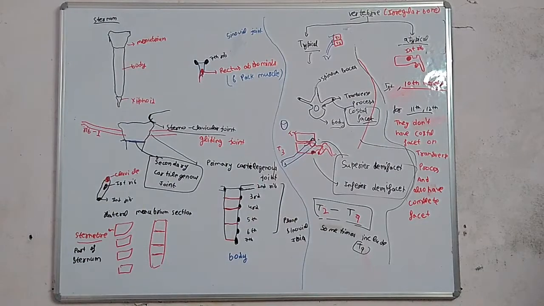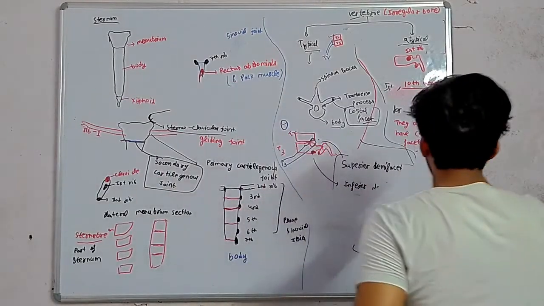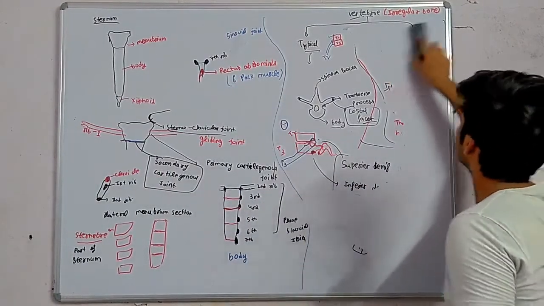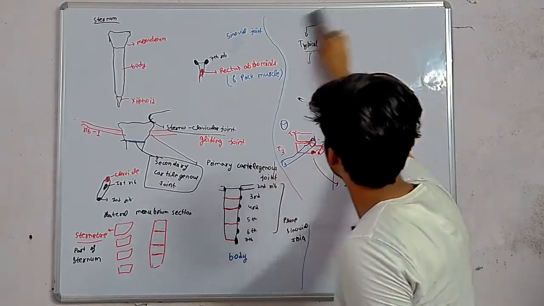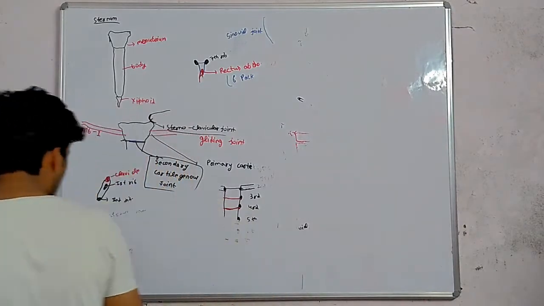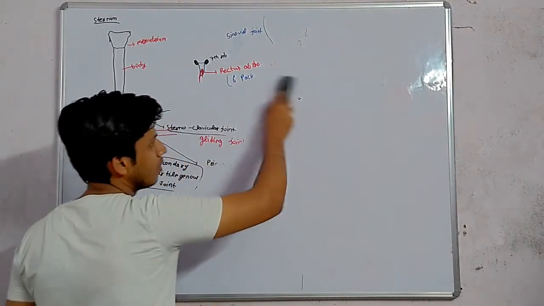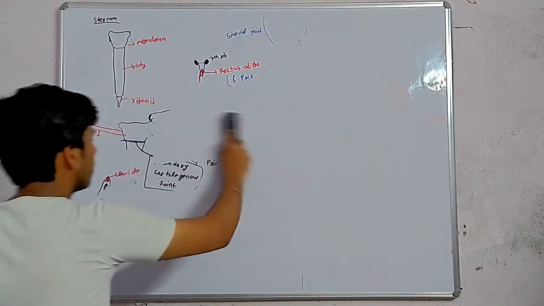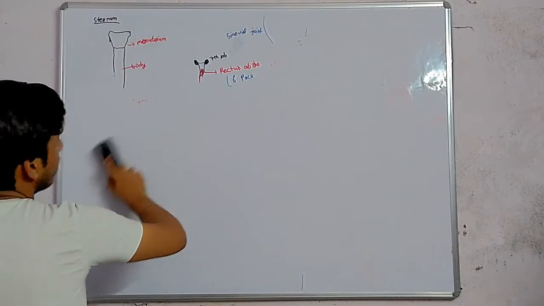Sternum and vertebra. Now talk about the ribs. Ribs also come in two categories, typical and atypical, like vertebrae. Ribs and vertebrae are typical and atypical depending on their features.